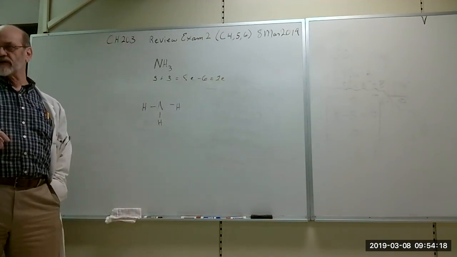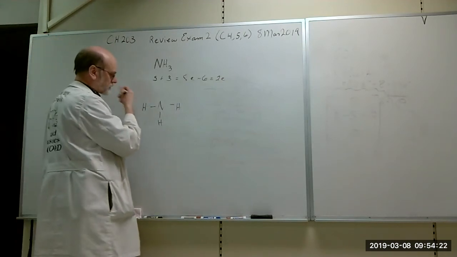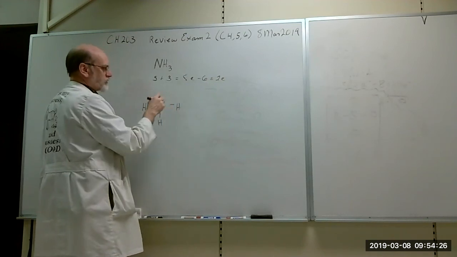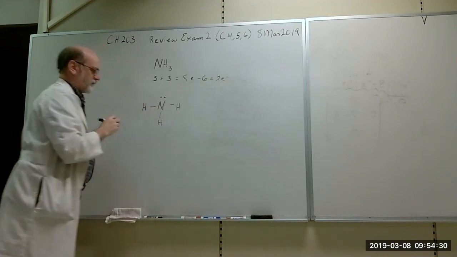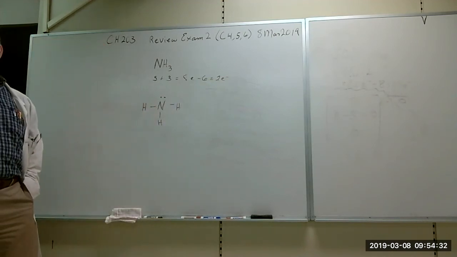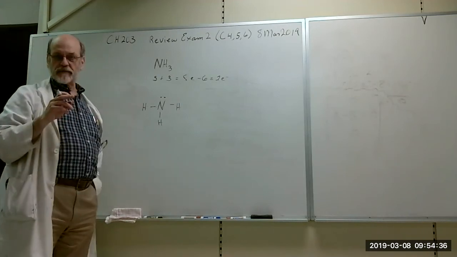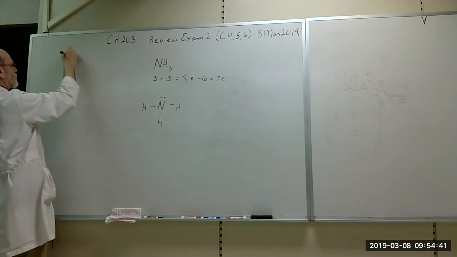It only satisfies a duet because it's only got 1 proton. So we put the other 2 electrons right here. Okay, now we have a valid Lewis dot structure.